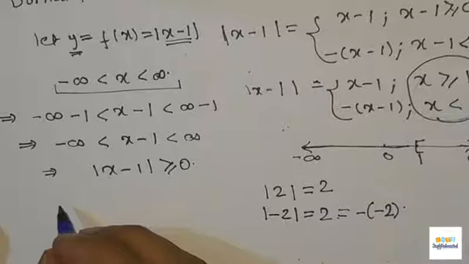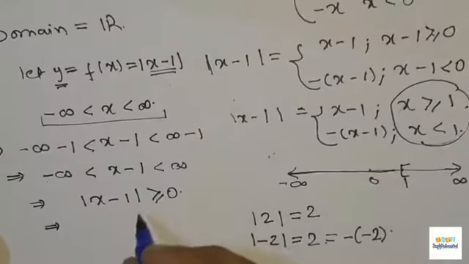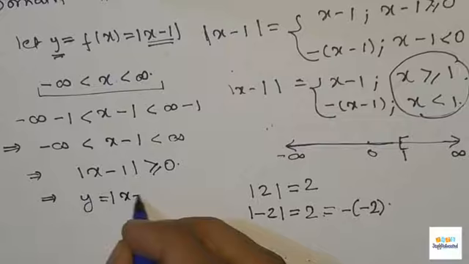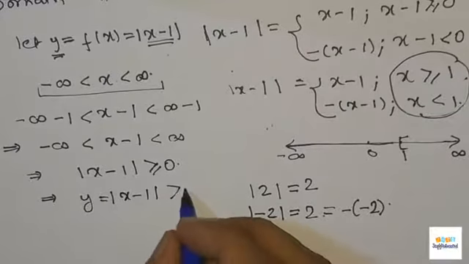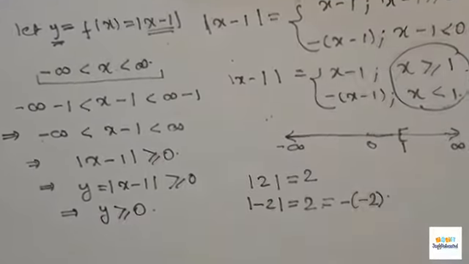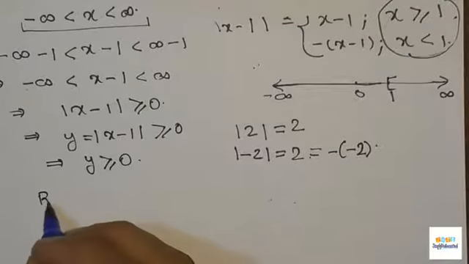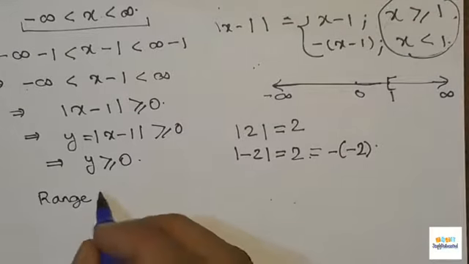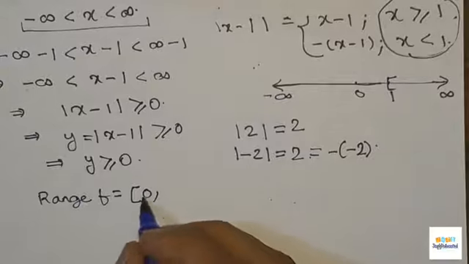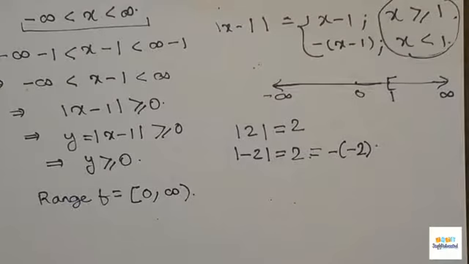So you know that modulus of x minus 1 is y here, so y is equal to modulus of x minus 1, which is greater than or equal to 0. So that means y is greater than or equal to 0. So that means the range of f will be equal to the closed interval 0 comma infinity open.